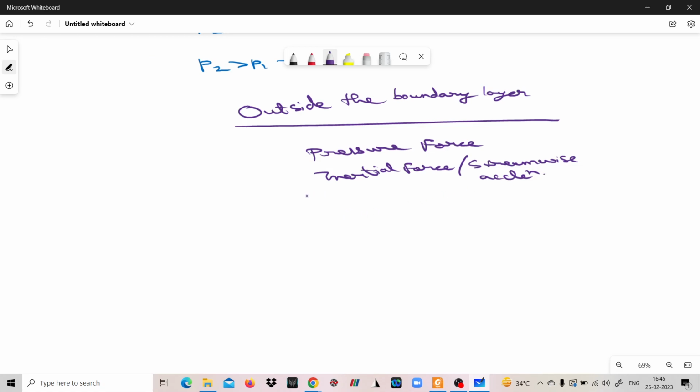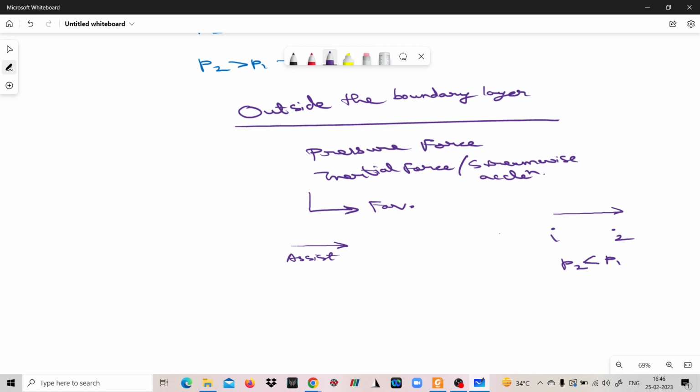So here there are two cases. Case 1, when the pressure gradient is favorable. Inertial force is always acting along the flow direction. It will try to assist the flow. If the pressure gradient is favorable, say this is the flow direction, this is point 1, this is point 2. So for favorable pressure gradient, P2 is less than P1.